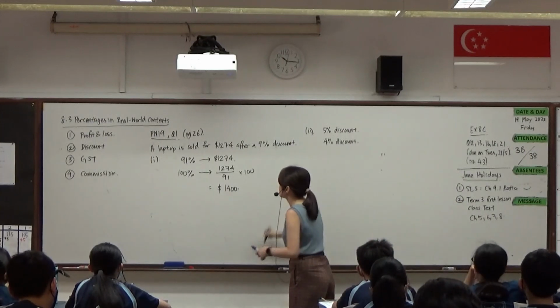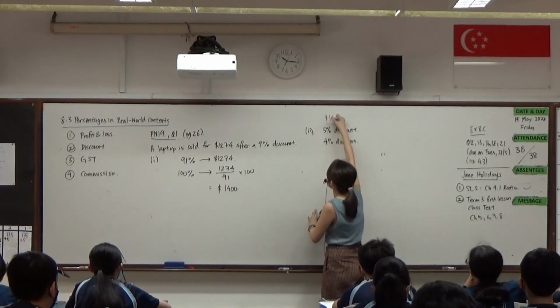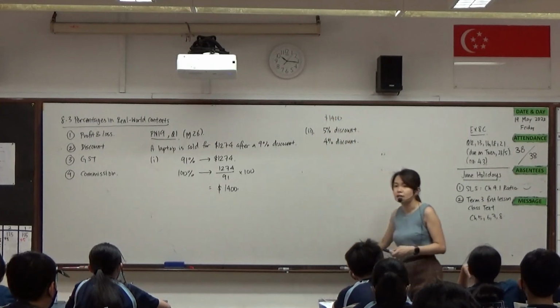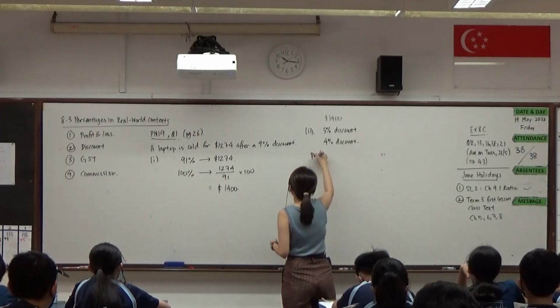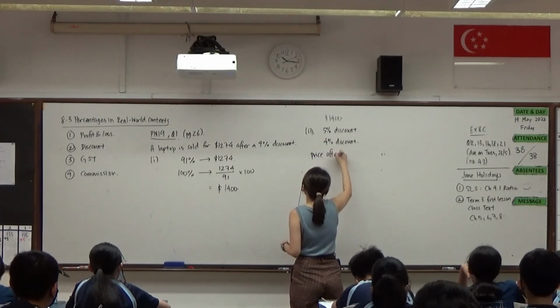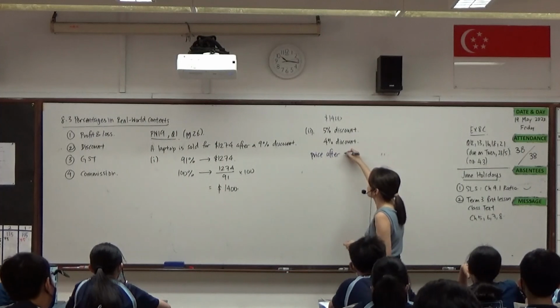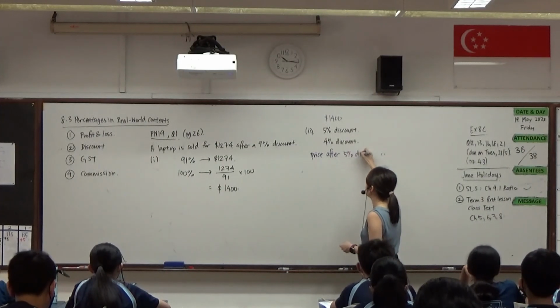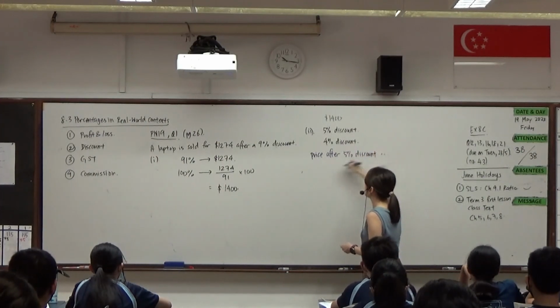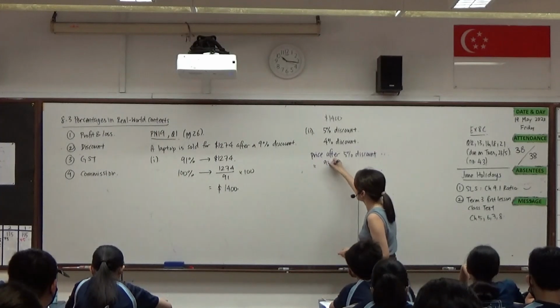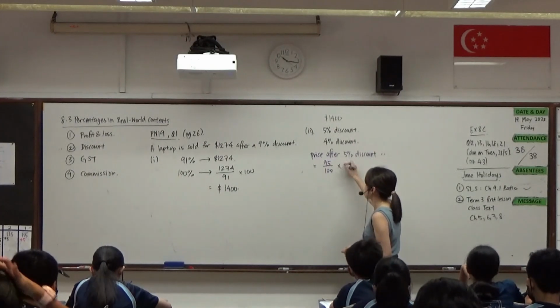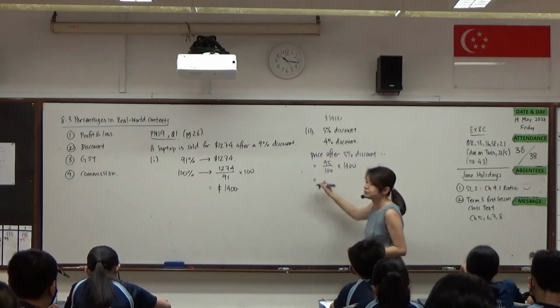So we know that we start off the mark price with $1,400. So check your presentation. Price after 5% discount. That will be 95 over 100 times 1400.